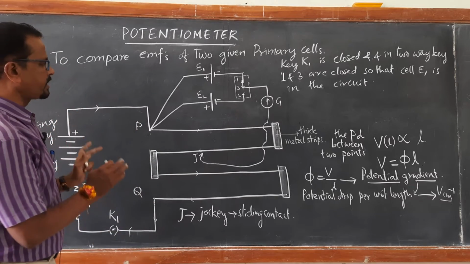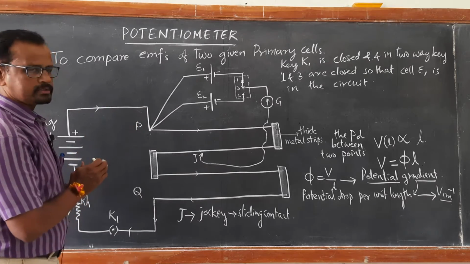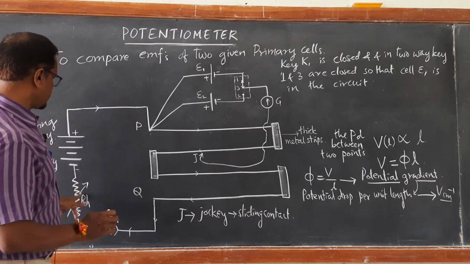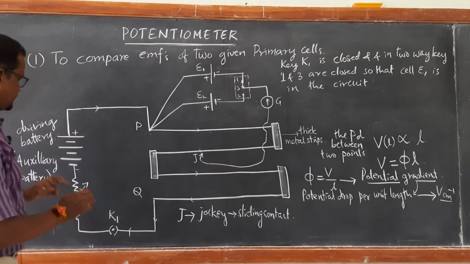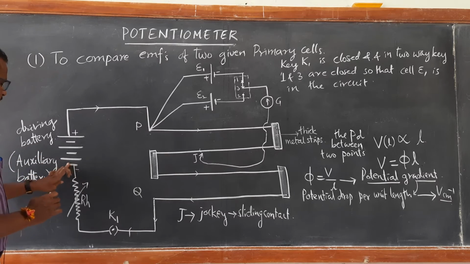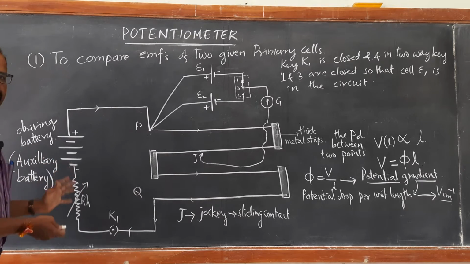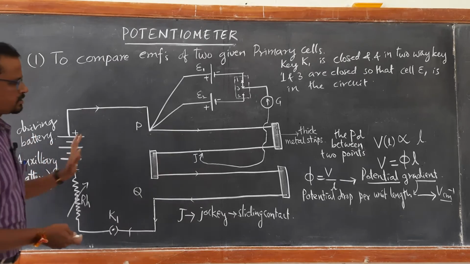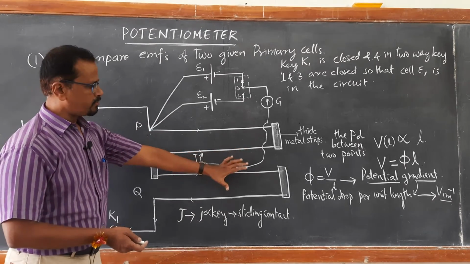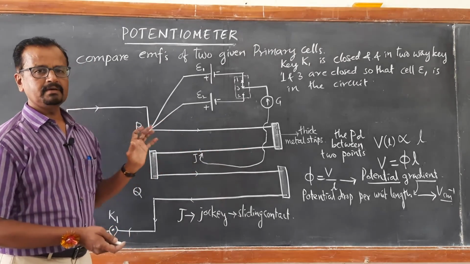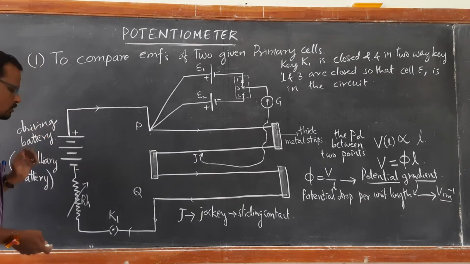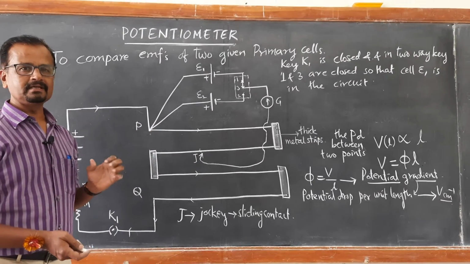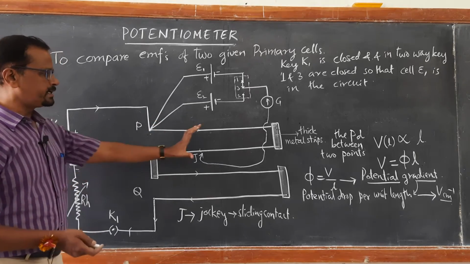Some constant value of current is chosen and it will be kept constant using the rheostat and this auxiliary battery. Remember, what is the meaning of auxiliary battery? Auxiliary battery is the main battery which provides constant current in the 4 meter length or 6 meter length of the potentiometer wire. It is also called the driving cell or driver cell, which is used to maintain constant current.